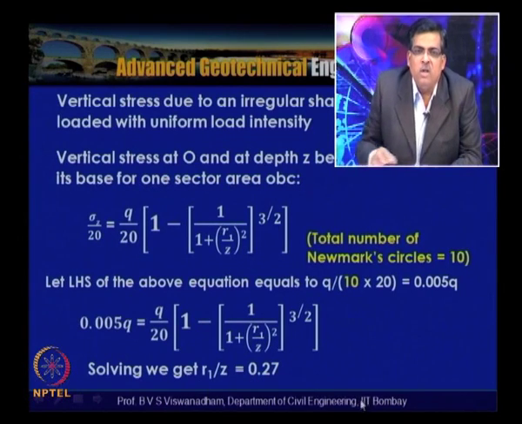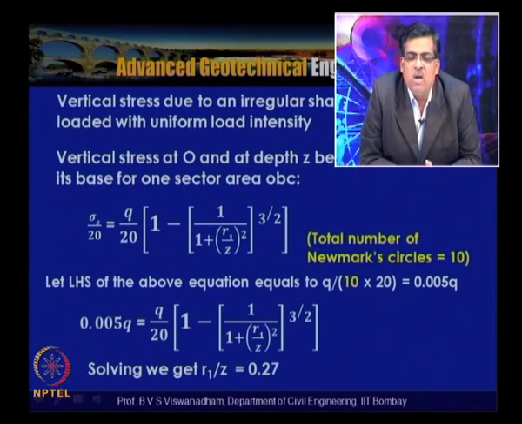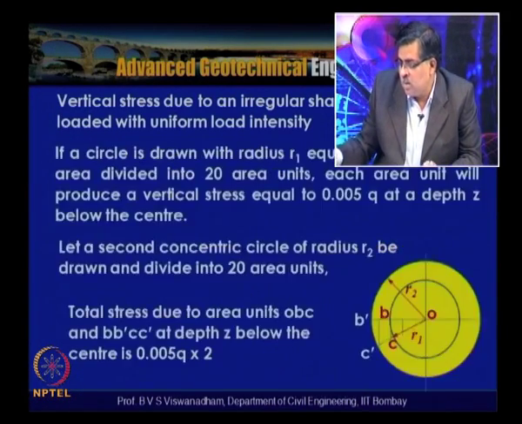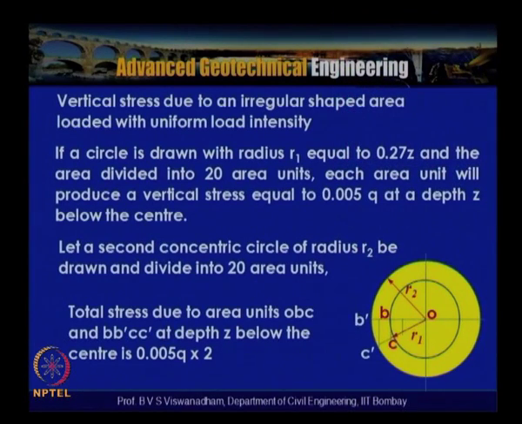That means the first Newmark circle will have a radius of 0.27 times Z. So this is for the increase in vertical stress due to an irregular shaped area loaded with uniform load intensity, and here we have got the radius of the first Newmark circle. If the circle is drawn with radius R1 equal to 0.27 Z and the area divided into 20 area units, each area unit will produce a vertical stress equal to 0.005 Q at a depth Z below the center. That is the meaning.